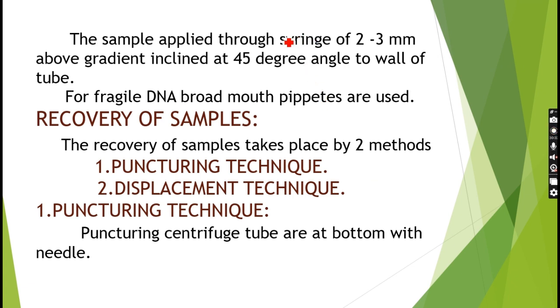For the gradual application of the sample, a syringe is used in this technique. The syringe is inclined at a 45-degree angle for applying the sample on the test tube cross section. For DNA, a more gentle method is used: instead of a syringe, a broad mouth pipette can be used.